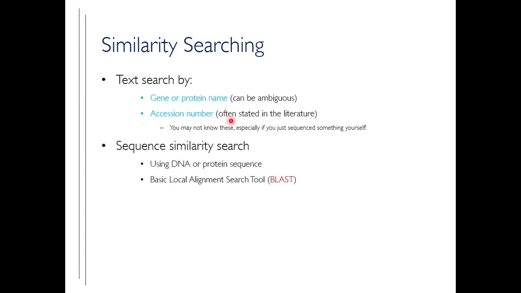So what can you do? Well, as alluded to in the first lecture, you can search by sequence similarity rather than any specific name. Essentially, it's taking your, let's say, protein sequence.